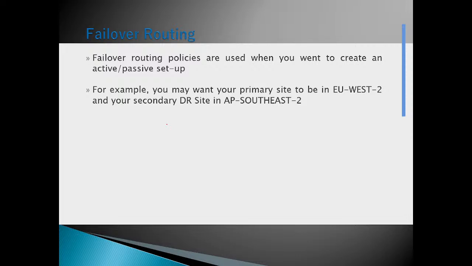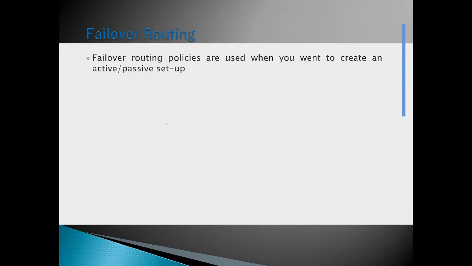Now failover routing. Now this is one of the interesting routings. What is failover routing, or what is failover? We have learned about failover in our previous classes. But what is failover? Anybody knows what failover is?